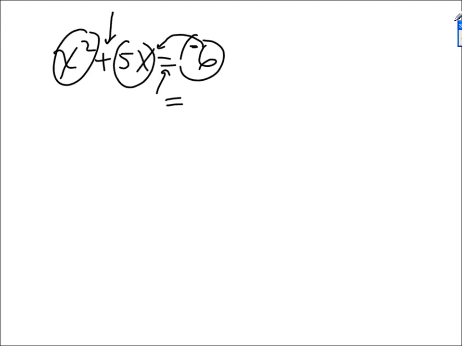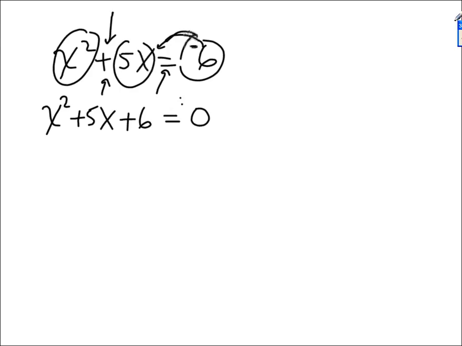It's a negative sign. It should be written a little bit higher. That's why I didn't use it as a separator, like I did that addition symbol. When you move a term across the equal sign, like the negative 6, it becomes plus 6. And now the right side is 0.